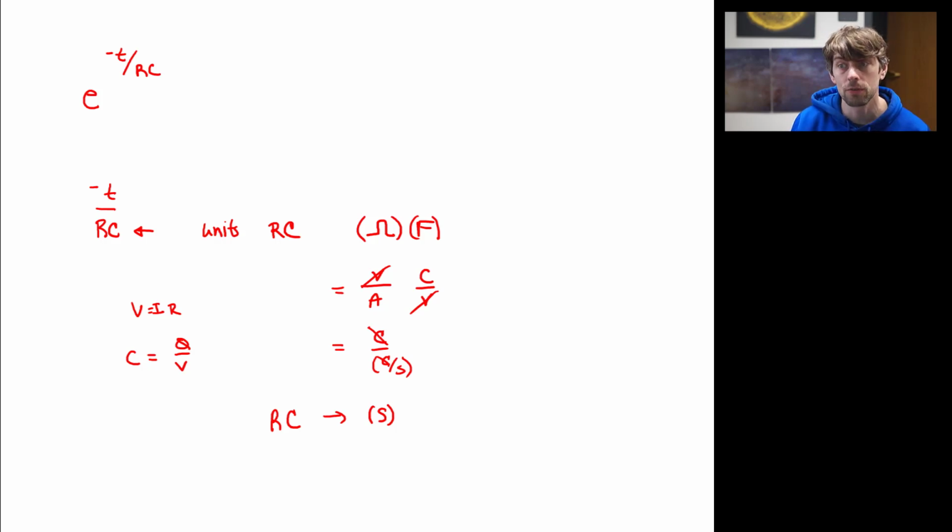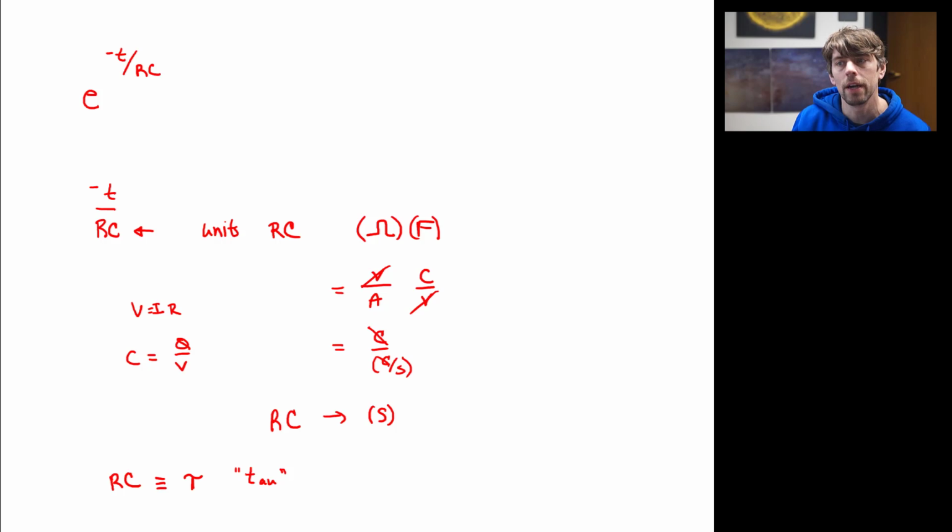It is for this reason that the value of RC, when you're dealing with these equations, is sometimes redefined as, you'll see it as tau, the lowercase Greek letter tau.